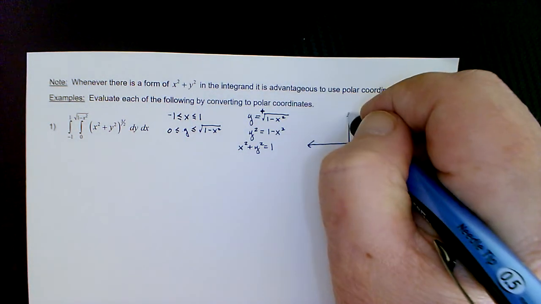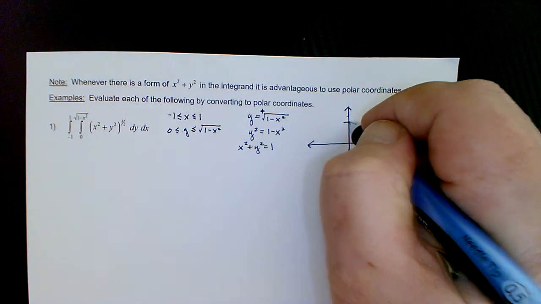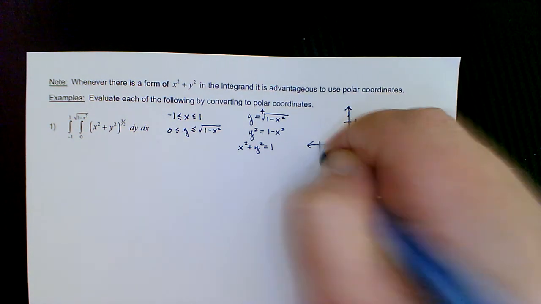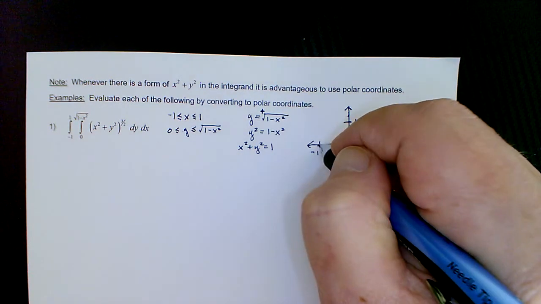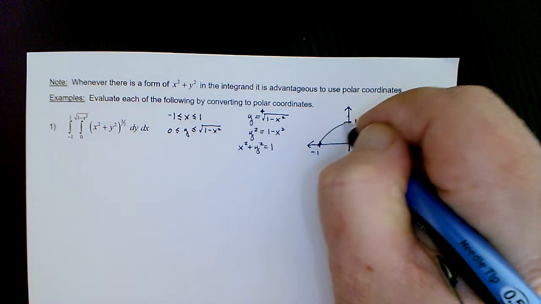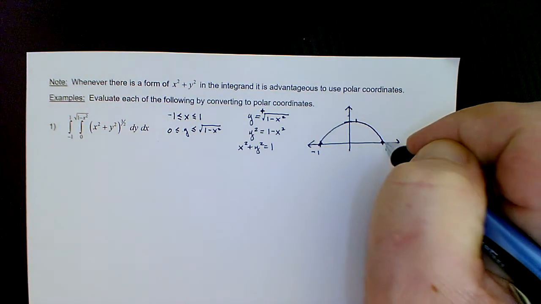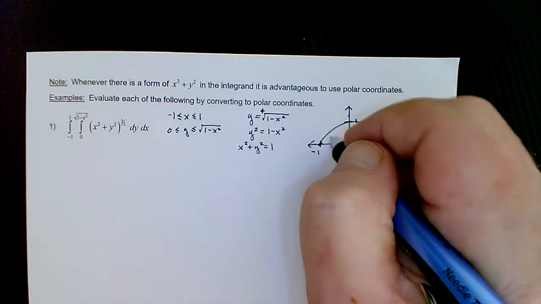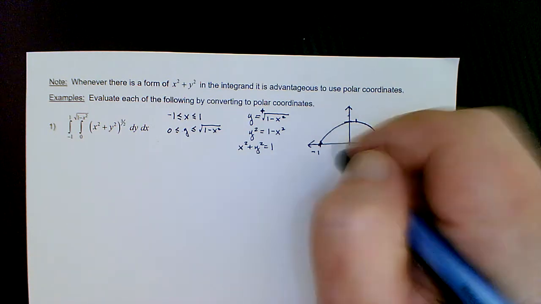In the Cartesian system, it's a circle with the radius of 1, but it's the top half. Okay, so that's what it looks like. And x is going from -1 to 1, so it's the whole half a circle.